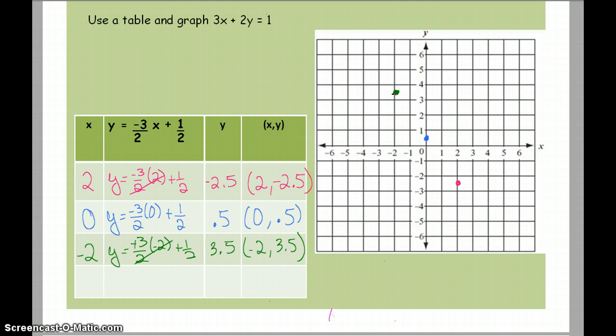Take your straight edge and connect the points. You will know that you've made a mistake if your straight edge won't cover all 3 points at the same time. So your line should go through all 3 of your points. Remember to put your arrows on the end, and that's it.